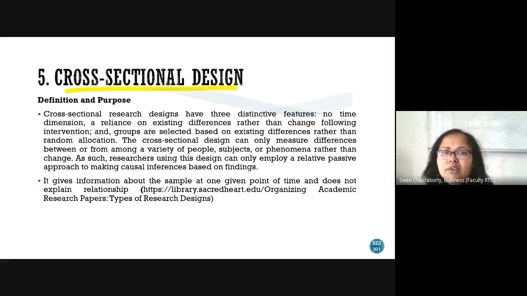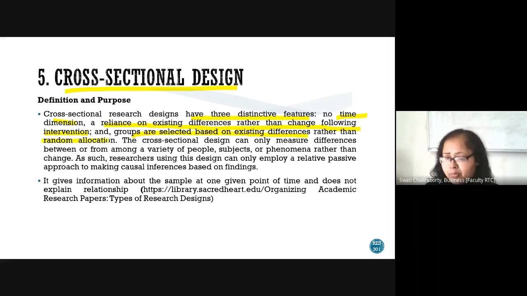Fifth is cross-sectional design, which has three distinct features. There is no time dimension, a reliance on the existing differences rather than change following intervention. Already the differences exist, and the groups are selected based on existing differences rather than random allocation.